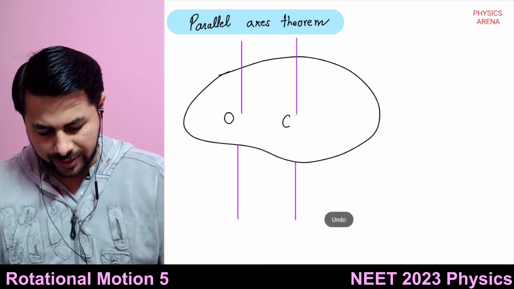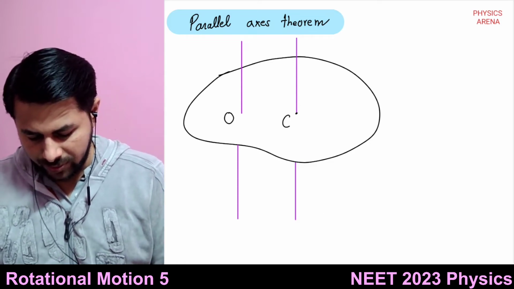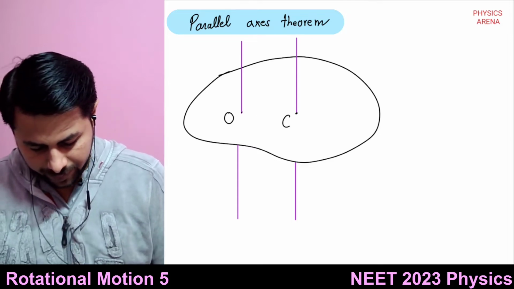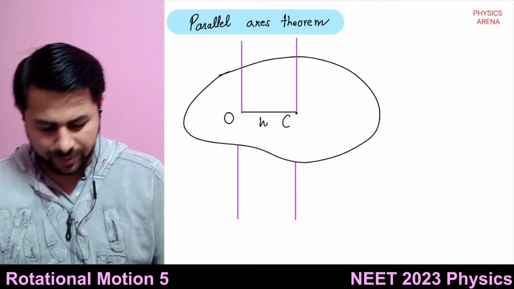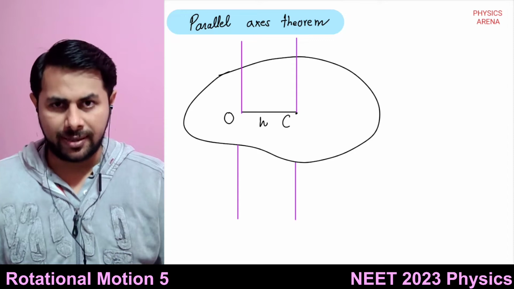The perpendicular distance between these two axes is small h, and the mass of this body is capital M.